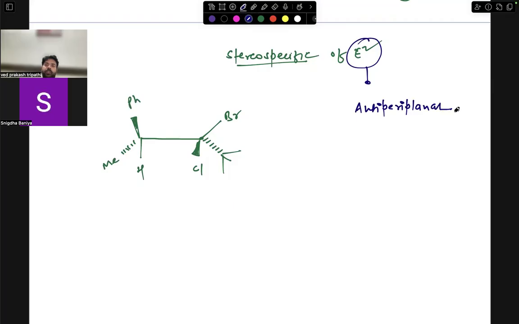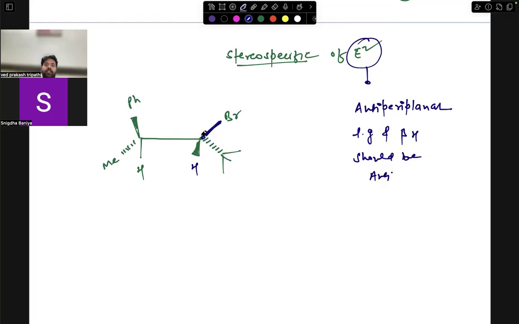Do you know what it means? Anti-periplanar means the leaving group and the beta hydrogen should be anti, should be opposite. Sorry, I made a mistake here, this is H, this is H here.